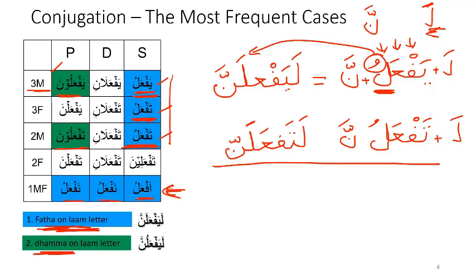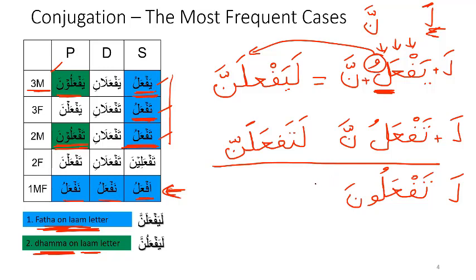So if I want to say you will most definitely do, and I'm saying you second person plural, again we'll have a lam with a fatha in the beginning. Then taf'aluna. So this is our standard. So la taf'aluna, and then we are going to have a noon shadda at the end.